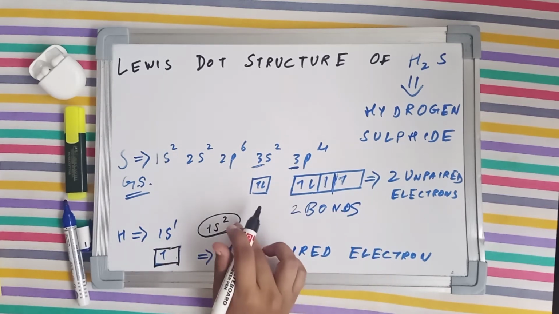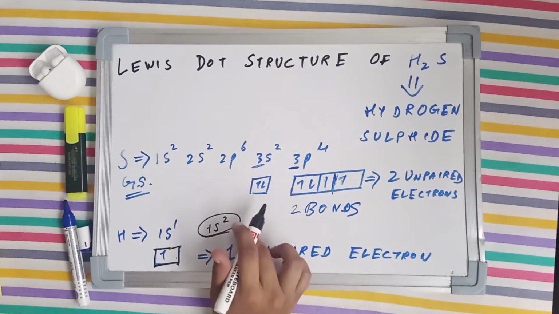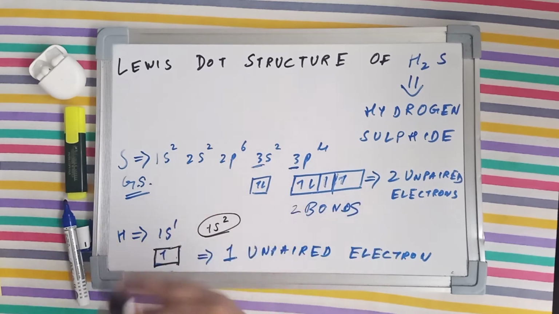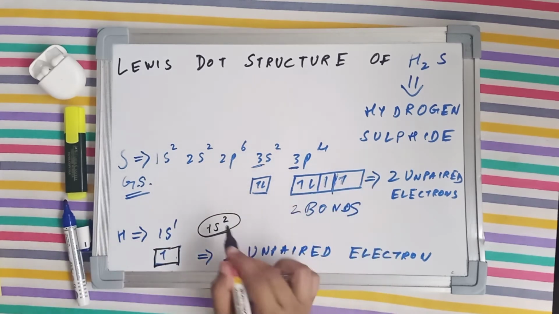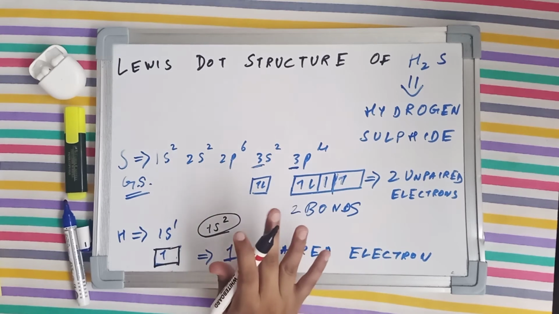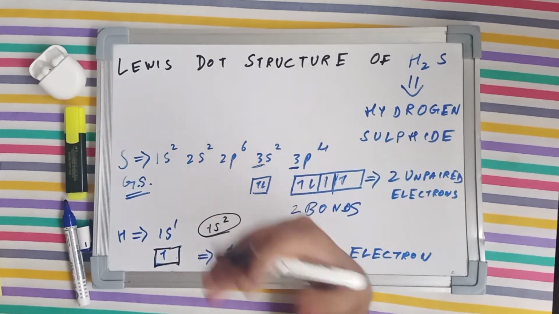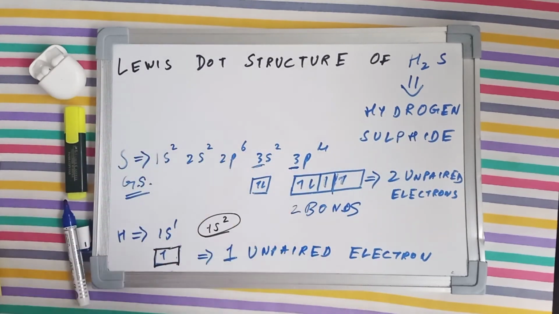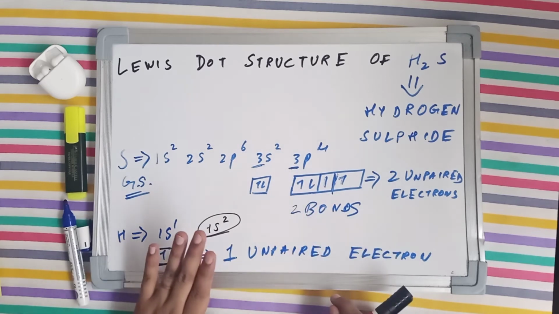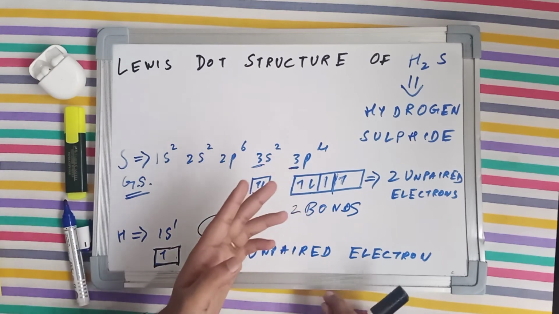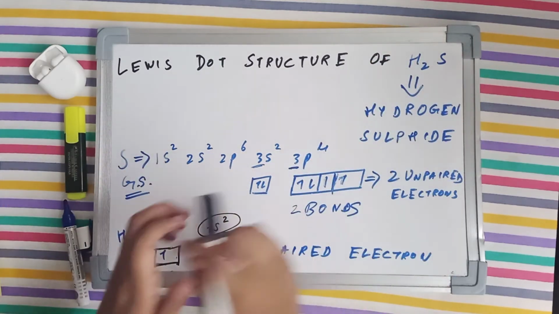This will be the fulfilled electronic configuration of hydrogen, and obviously I'm talking about after bond formation. After bond formation it can make the electronic configuration of 1s2, which is the fulfilled configuration and the most stable, I should say. It has just a single unpaired electron, which means that it will make a single covalent bond with some other species to gain stability.